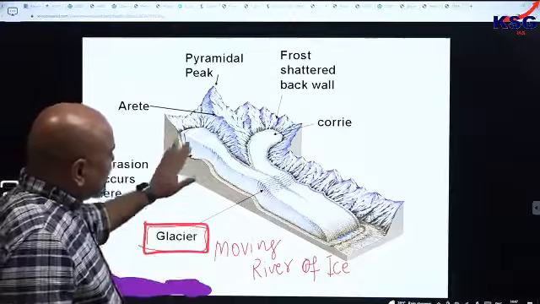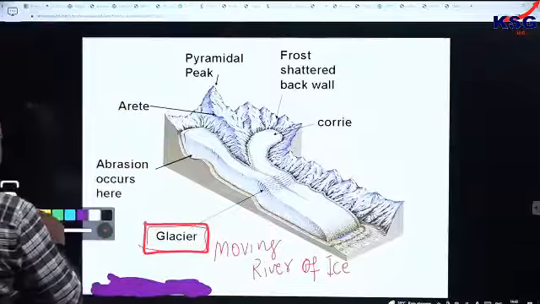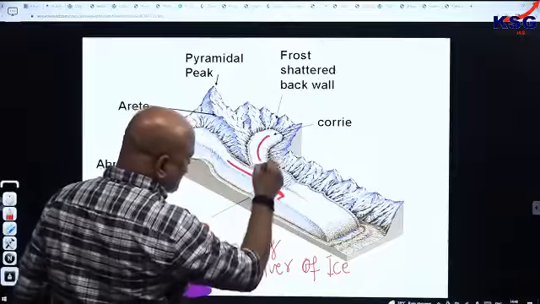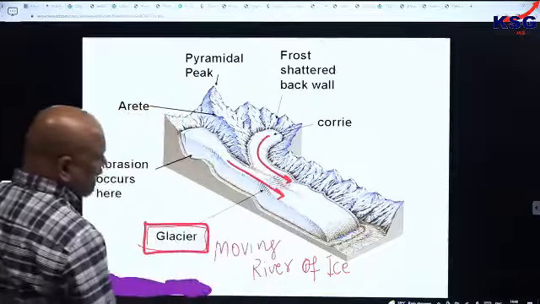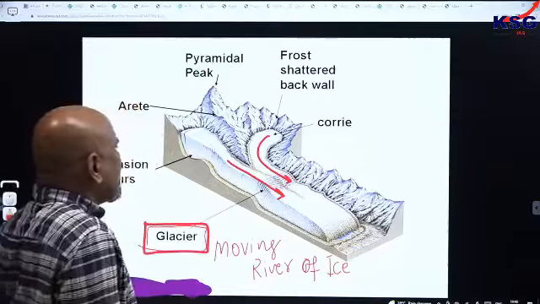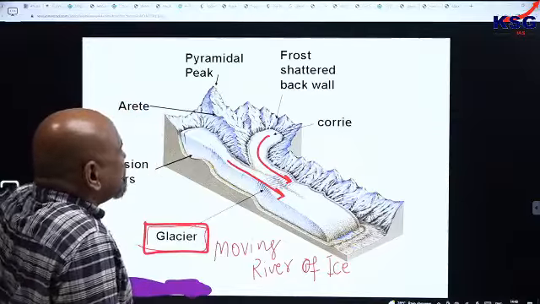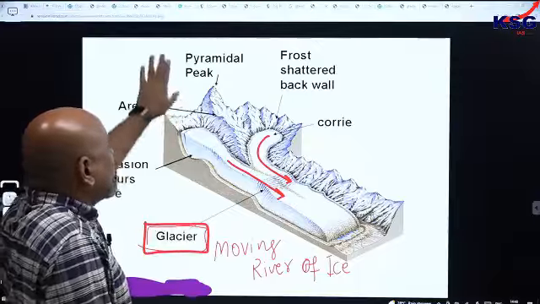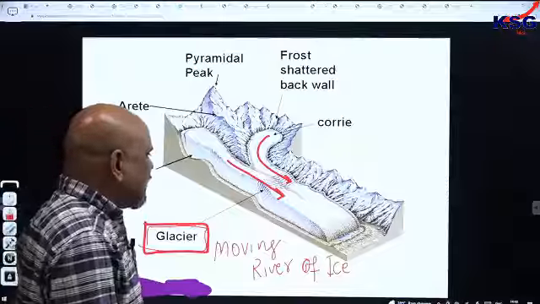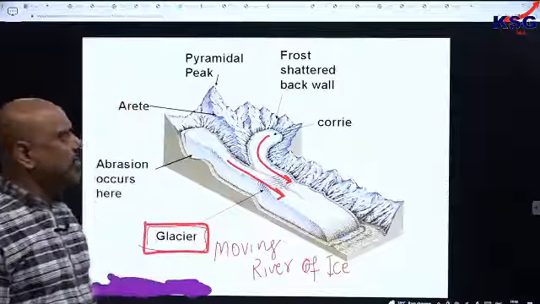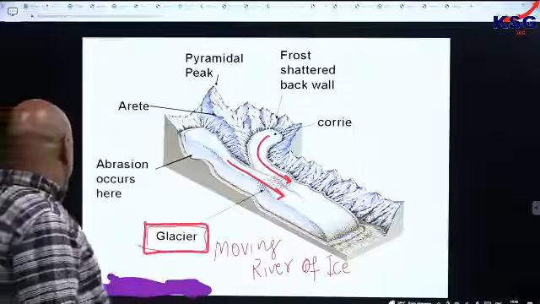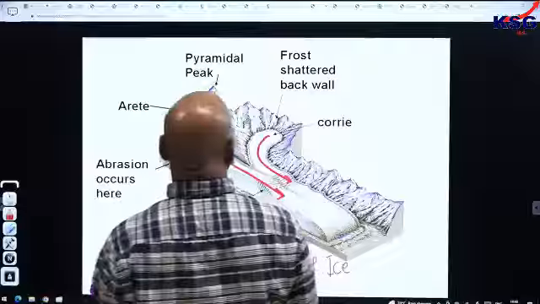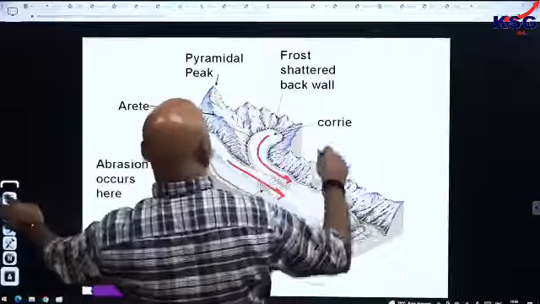While it moves, a glacier is moving here in this way, another glacier is in this way. There are two glaciers, you see? This landform, don't worry now, I will discuss landforms separately. This is the moving river of ice called a glacier, I told you.